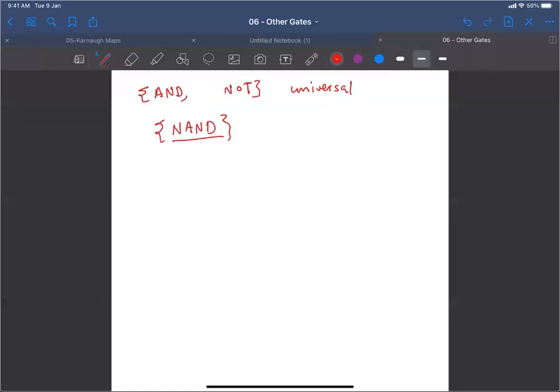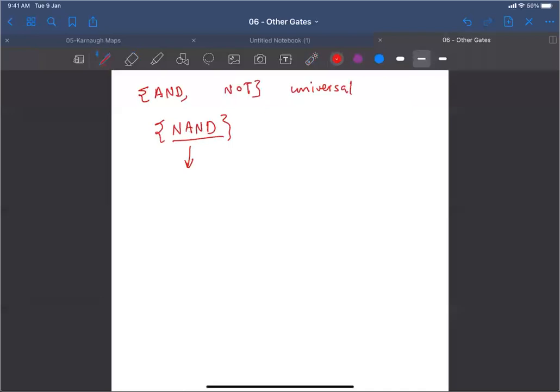So in order to show universality, you need to show that the NAND can be used to create the three gates, NOT, AND, and OR. If it can be used to implement these three gates, then we know that we can implement any Boolean function using this NAND gate.